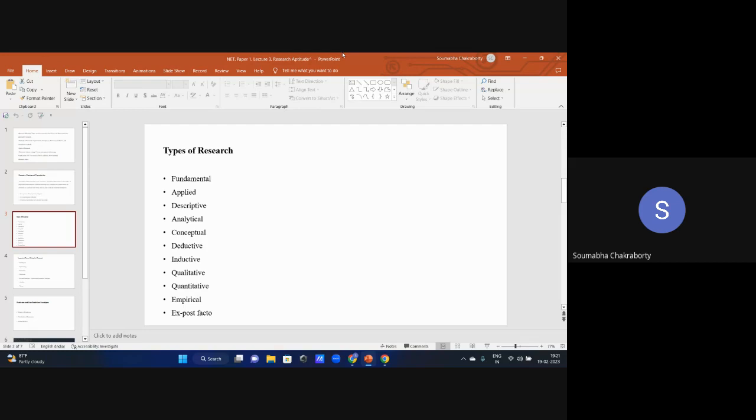Next is quantitative research, which is concerned with numbers. It is carried out to study a phenomenon that can be expressed in numbers. So, in qualitative research, number is not the focal point. In quantitative research, we are concerned with the number, let's say the number of participants or number of cases, and so on and so forth.